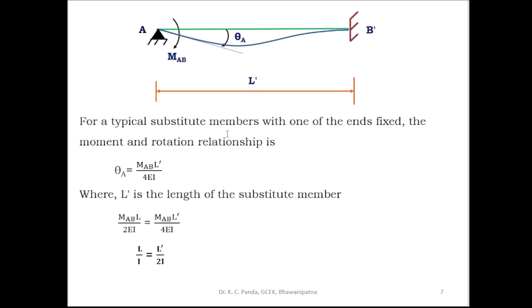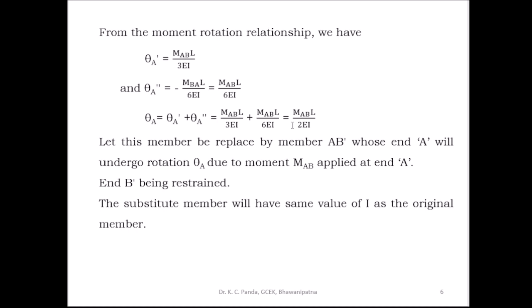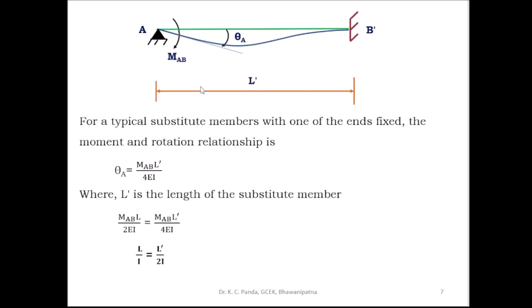For a typical substitute member with one end fixed, the moment and rotation relationship is theta A equal to MAB into L dash by 4EI, where L dash is the length of the substitute member. As you know, from the earlier relation, theta A is equal to MAB L by 2EI. When the midpoint of the beam is fixed and the other end is rotated through the moment MAB, the rotation theta A is equal to MAB L dash by 4EI.